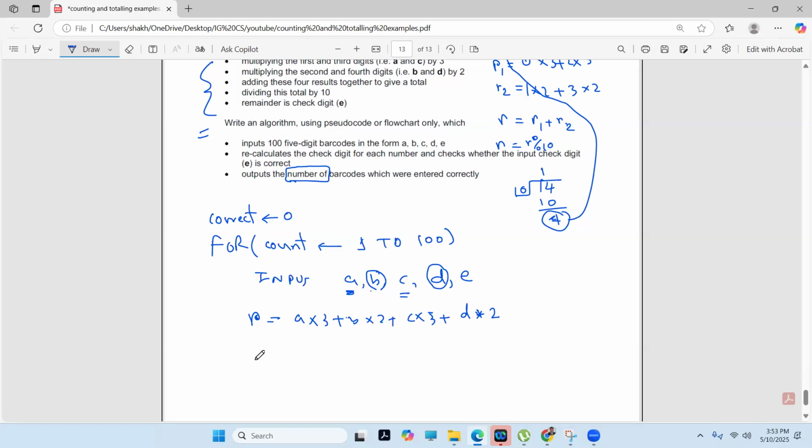Then the result will be divided by 10. Actually, we have to find the remainder. So result equals R mod 10.